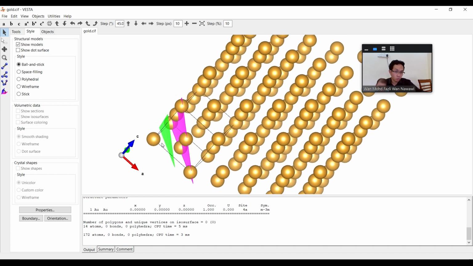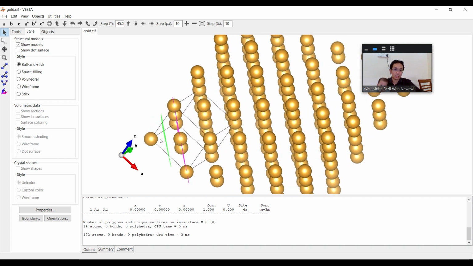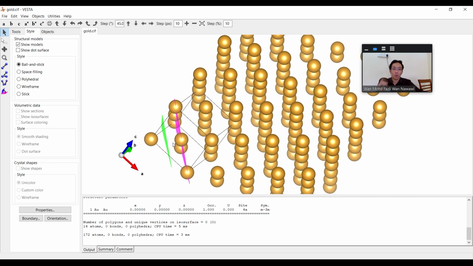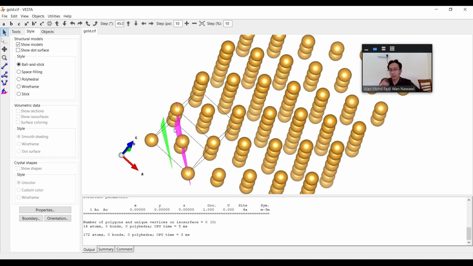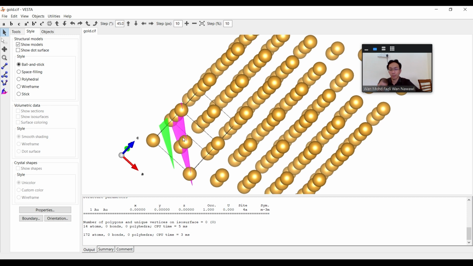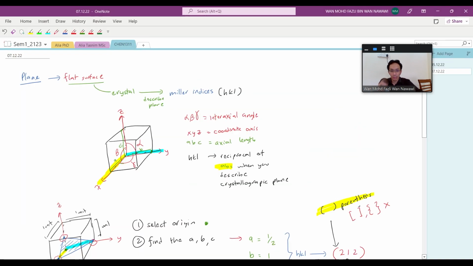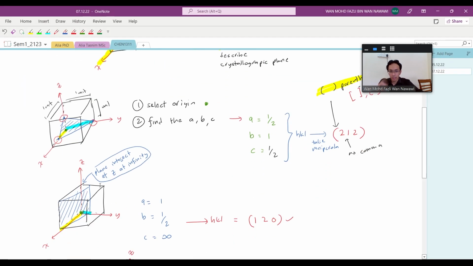The 222 is the same as 111. The plane is almost the same. Why they are smaller is because it's reciprocal. Remember, it's reciprocal.